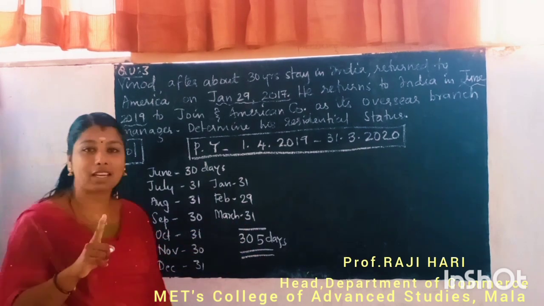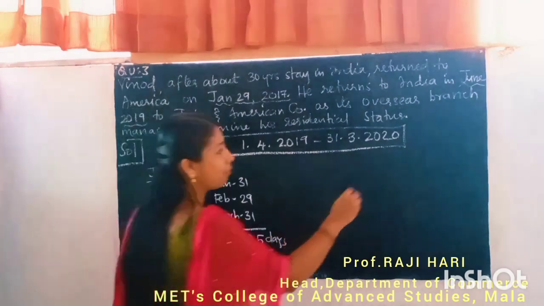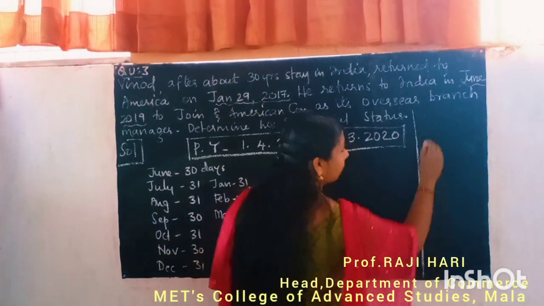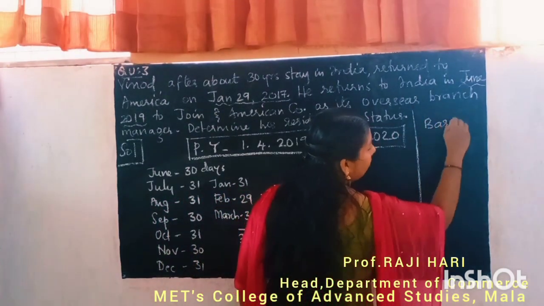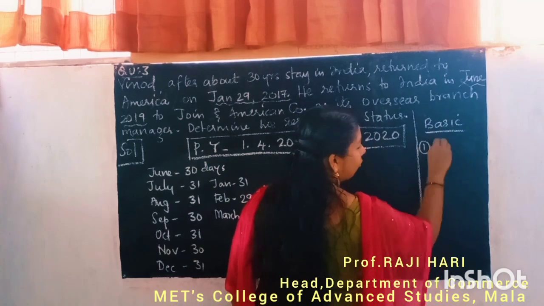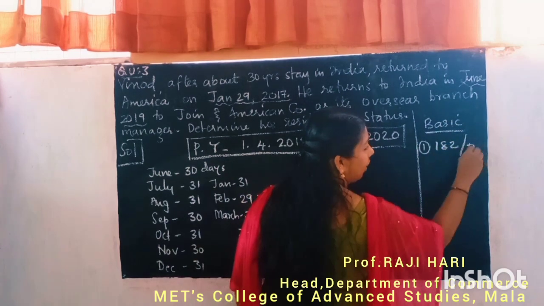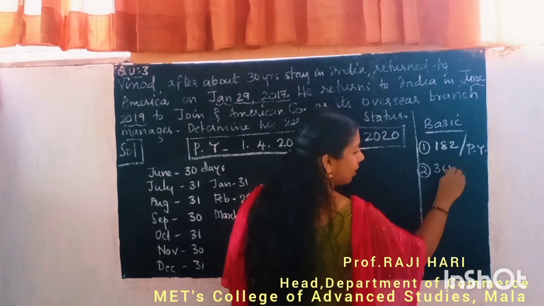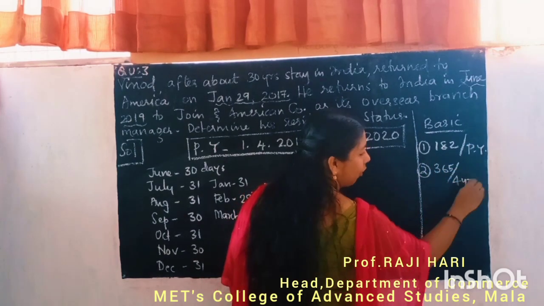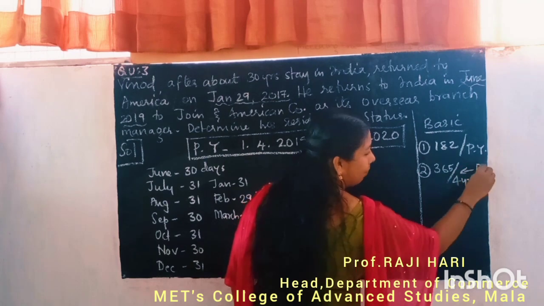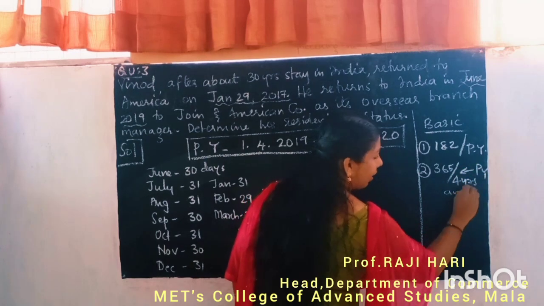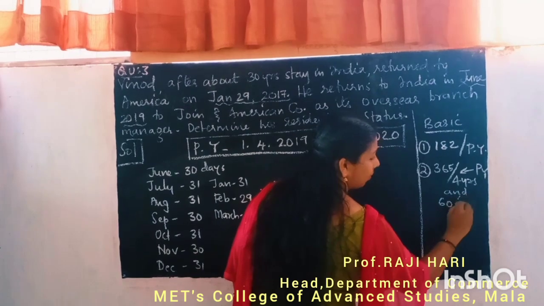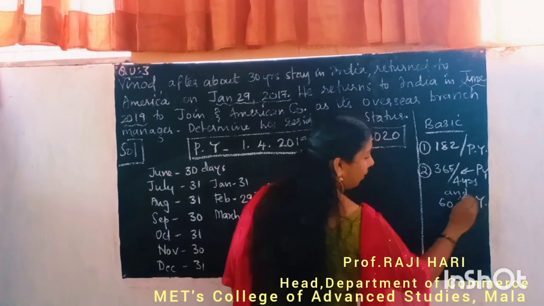Our first basic condition is that. What is the first basic condition? 182 days during the previous year. Second basic condition, 365 days out of 4 years preceding the previous year and 60 days during the previous year.